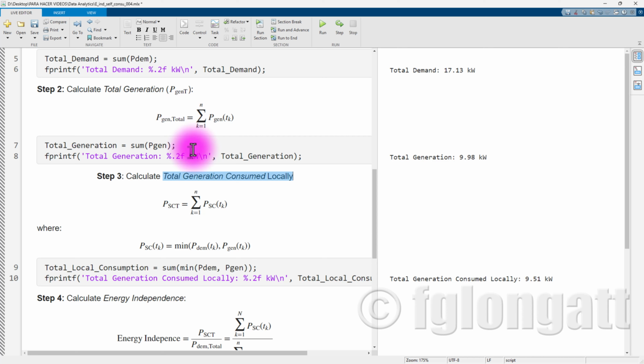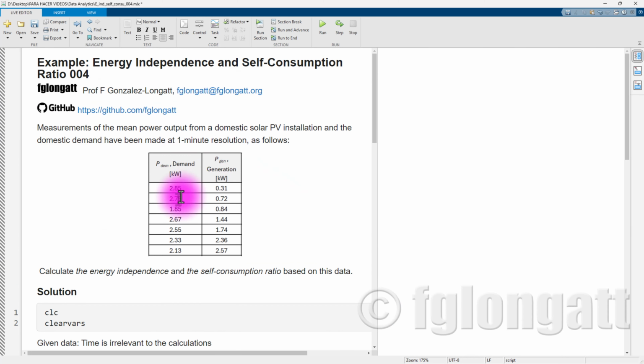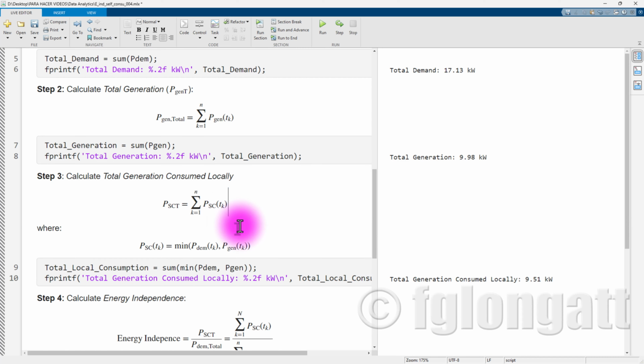The next step is to calculate one important indicator, that is the total generation consumed locally. That means we want to know the specific proportion of the power that is consumed locally. So for each one of those rows, for each one of those measurements at 1 minute resolution, we are calculating which one is the minimum between the demand and the generation.